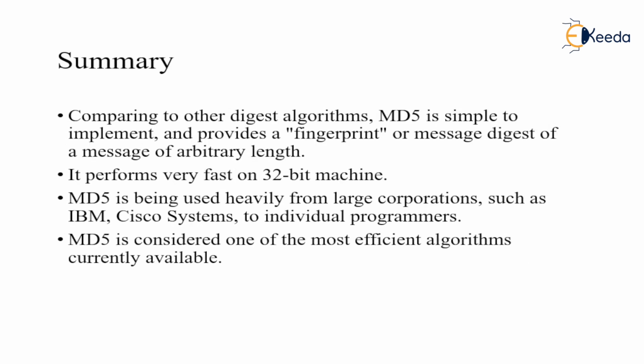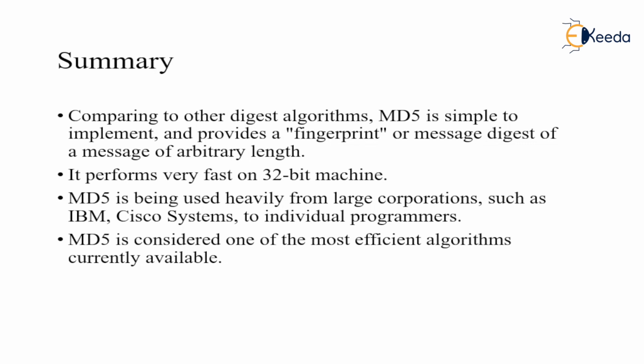So comparing the other digest algorithms, MD5 is simple to implement, and it provides a fingerprint, that is a message digest, of a message of arbitrary length, which will then give you a fixed length of output. It performs very fast on 32-bit machines.